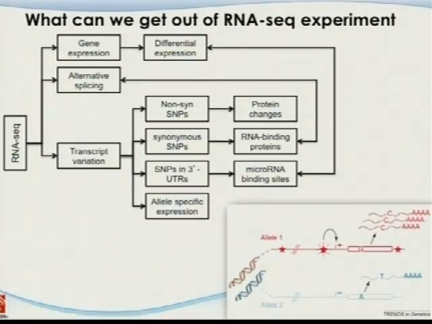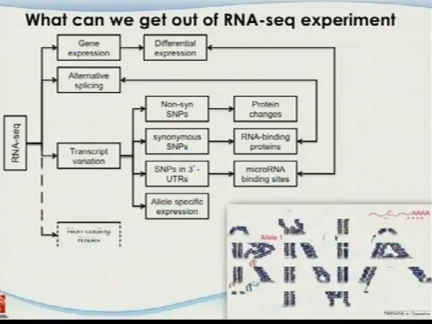Okay, we have two alleles, one from mom, one from dad, but they don't express the same amount of RNA sometimes, right? And one allele expresses more than the other, and using arrays, there's no way we can identify that information. And using RNA sequencing, it's still pretty difficult, but at least for some highly expressed genes, we should be able to do that.